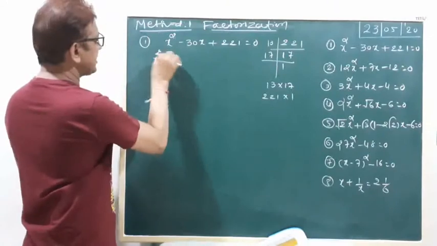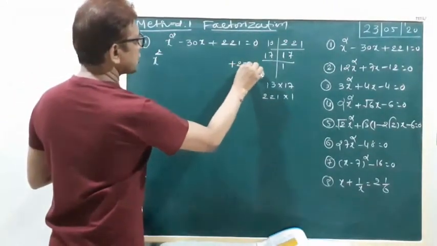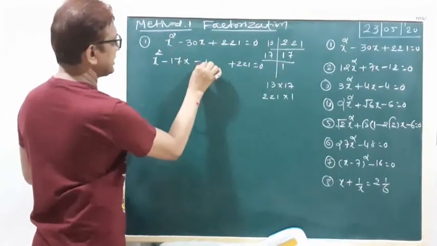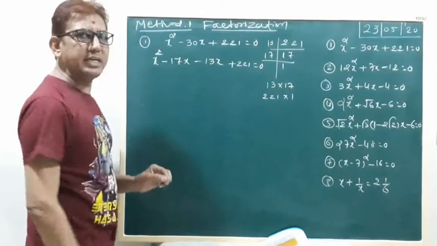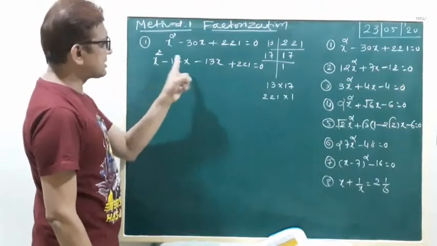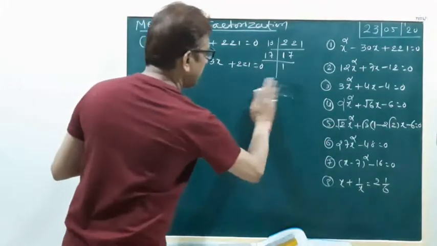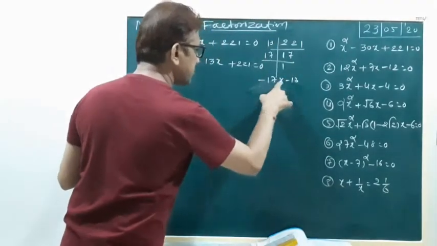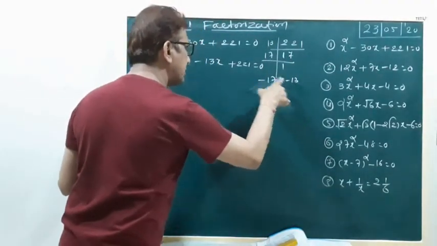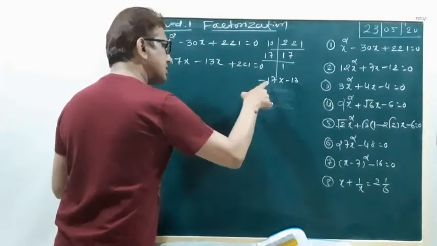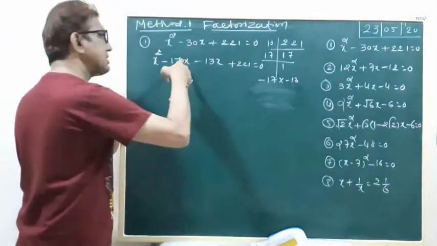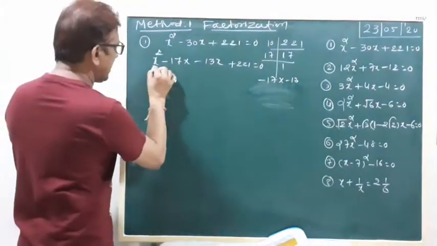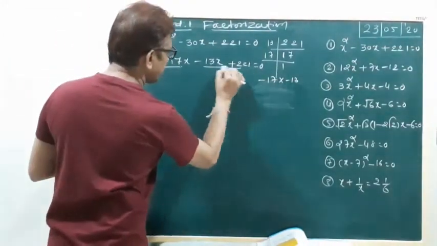So we write here x square minus 17x and minus 13x plus 221 equal to 0. So here minus 17 and minus 13, whose product is minus 17 into minus 13, minus times minus is plus, 17 into 13 is 221, and the sum of these two numbers is minus 30. Is that clear? Okay, now draw a line under two terms.